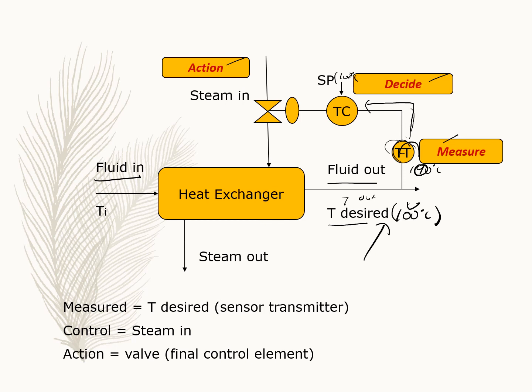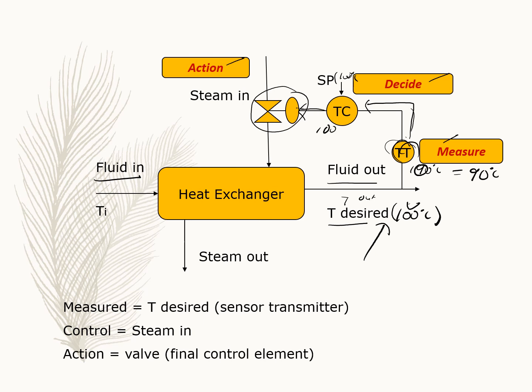The controller will inform the final element not to do anything. But if the temperature measured here is around 90 degrees Celsius, that means the value measured here has not achieved the set point, and then it will send it back to the controller.